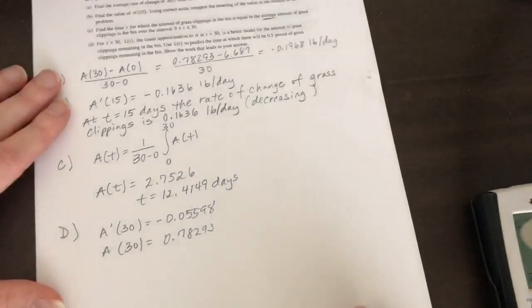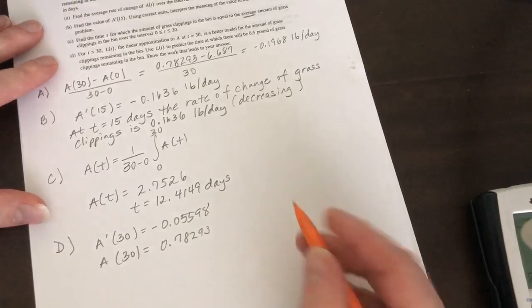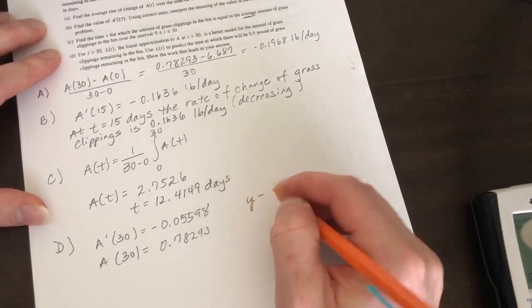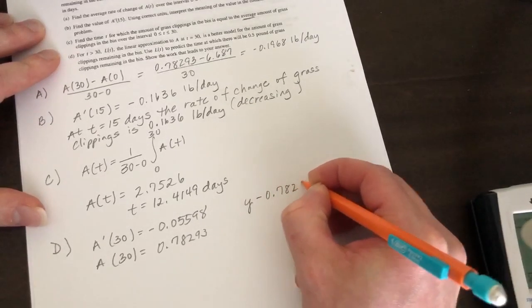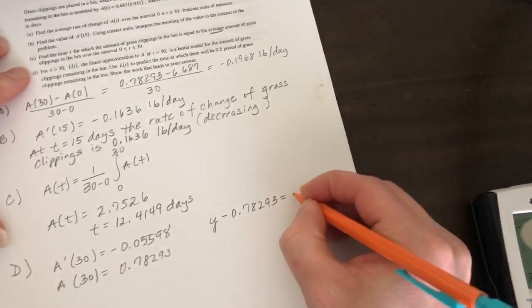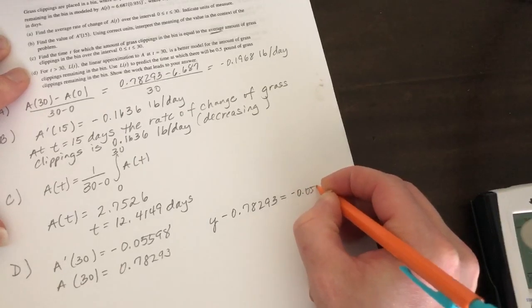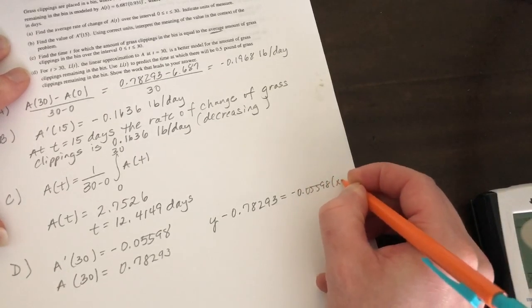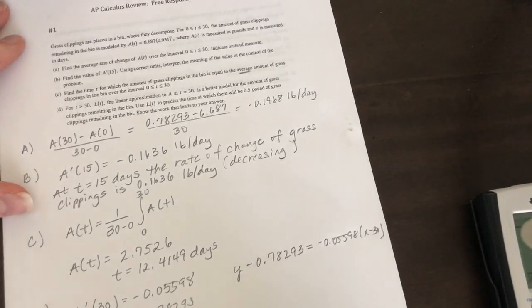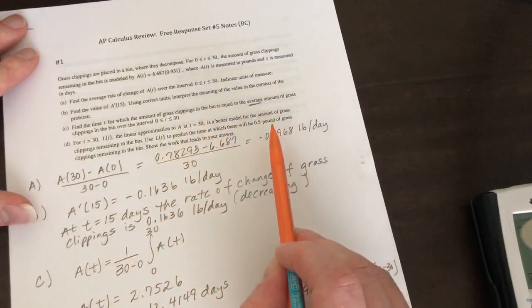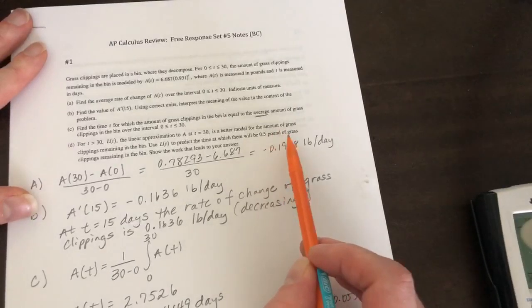And I'm going to use my equation of a tangent line to approximate something. So y minus 0.78293 is equal to negative 0.05598 times x minus 30. Now I want to use this to predict at what time there will be 0.5 pounds of grass.